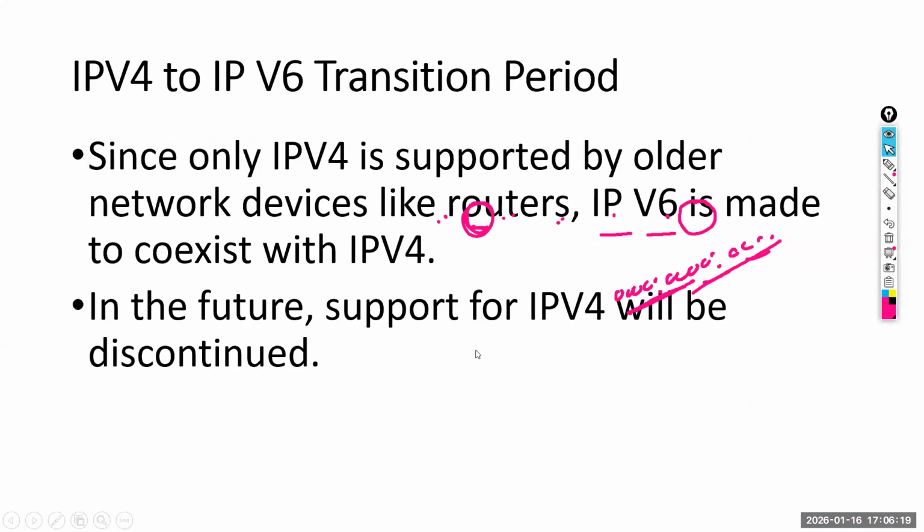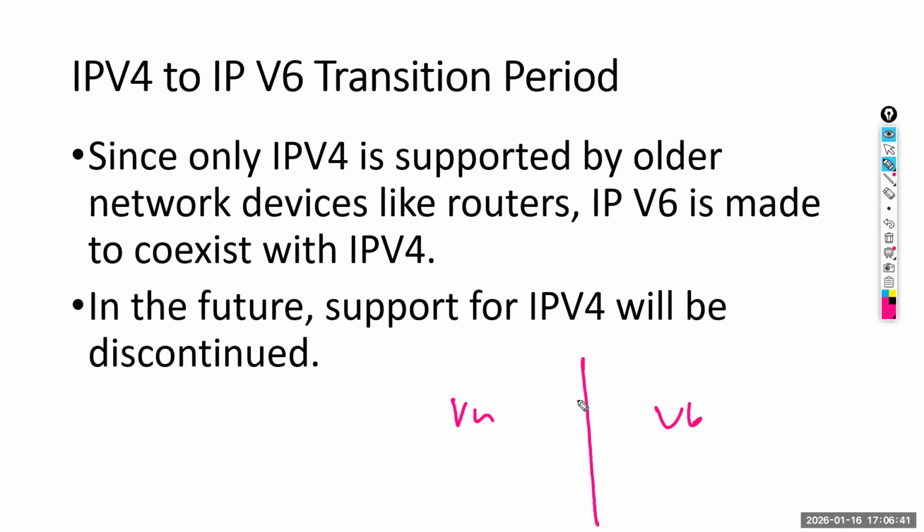Right, so now we are in a transition period. Sometimes you might wonder why there are two IP addresses now. Local IP addresses have a V4 and V6. Public IP addresses also have a V4 and V6. The reason is we can't just switch off V4 and say, from this date onwards, we are into V6. You can't do that.